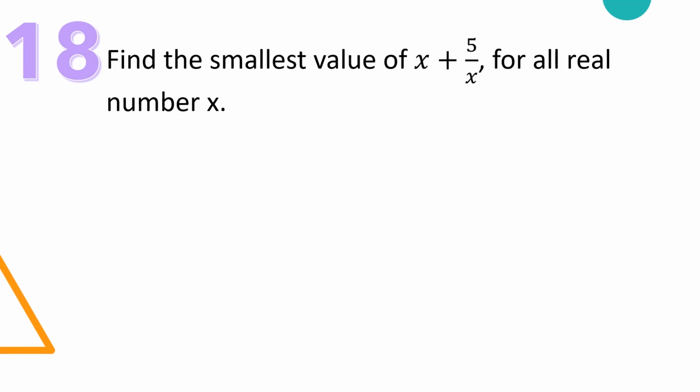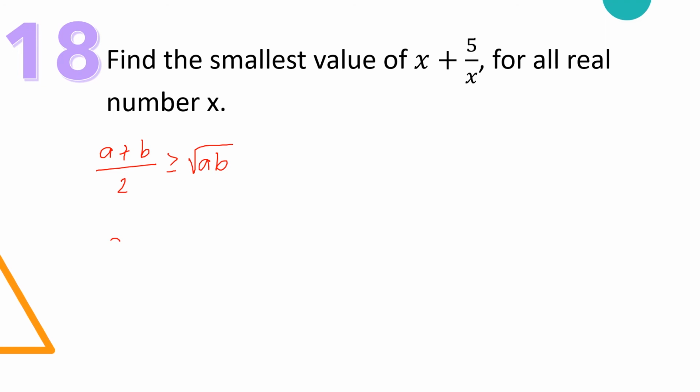Number 18. Find the smallest value of x plus 5 over x for all real number x. Using the AM-GM inequality, or the arithmetic mean-geometric mean inequality, if a and b are real numbers, the arithmetic mean of a and b is greater than or equal to the geometric mean of a and b.